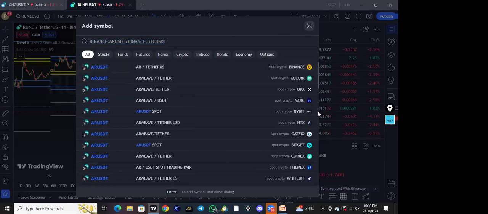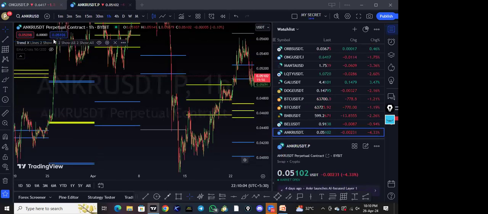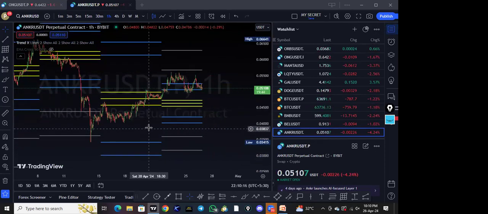It's not selecting for me here. No, that's perpetual contracts. Does anyone know how to compare? I haven't got my computer to hand. It's AR USDT.